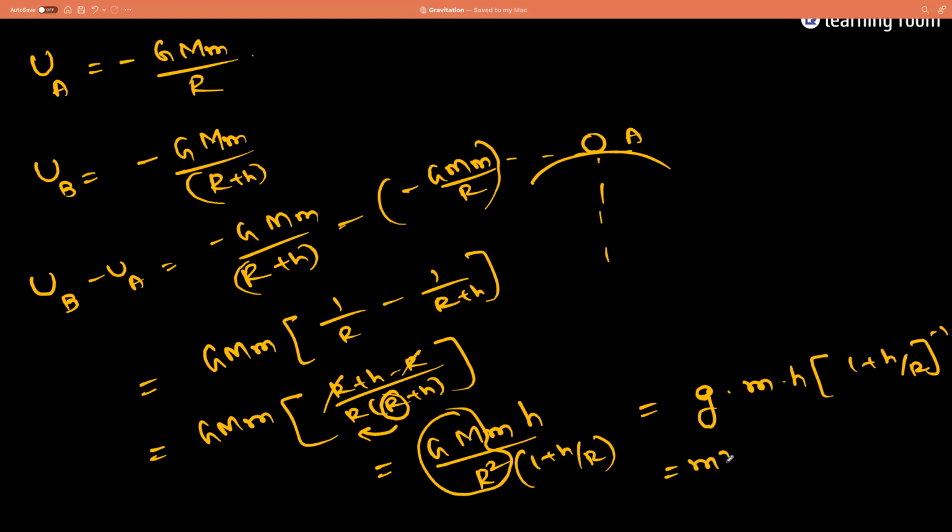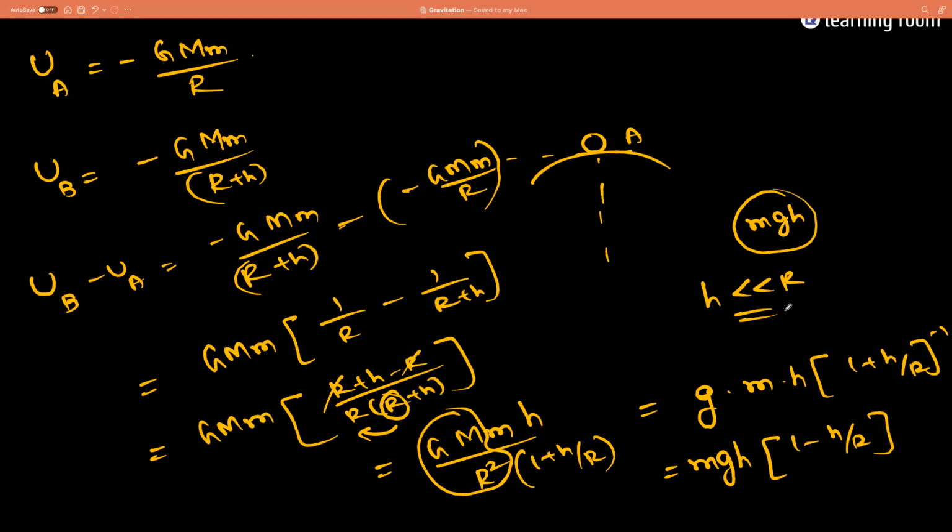Now if you see, this will actually be mgh into 1 minus H divided by R. But what did I tell you? The formula of mgh can be used when the value of H is very much less than R. Is it right? When the value of H is very much less than R, H by R can be approximated to 0. When I approximate it to 0, this value is lost. So this will give you mgh. That is how it is obtained using this equation.